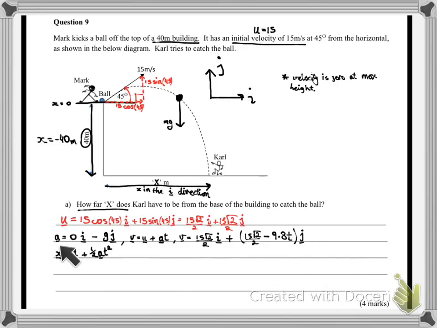Let's substitute our vectors into here and add them up, and we're going to get this rule. There it is: ut, that's this part, ut in the i direction, plus, and we have our ut minus half at squared in the j direction.